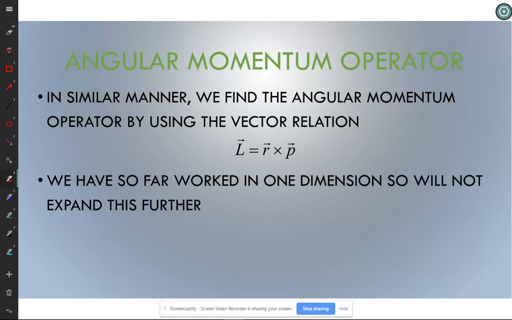We have N, and we have L, and we have M sub L and M sub S. The L is the one that has to do with the angular momentum squared operator. And the M sub L has to do with the one direction we arbitrarily define as the z direction of angular momentum that we can have it work with.